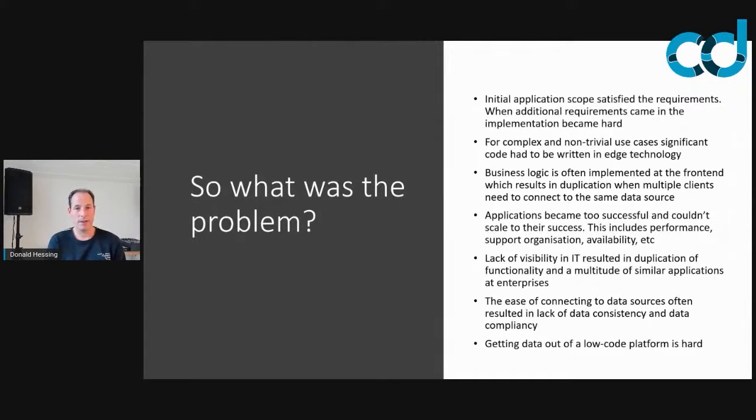And to implement these more complex or non-trivial use cases, significant code had to be written, and that was quite often in a niche area of the tool, which made it hard to maintain and support. The other challenge that we often see is that there's no what we call three-tier type of architecture. So a lot of the business logic is being built in the front-end layer, either with JavaScript or with rules-based types of logic, which results in solutions that are hard to maintain.